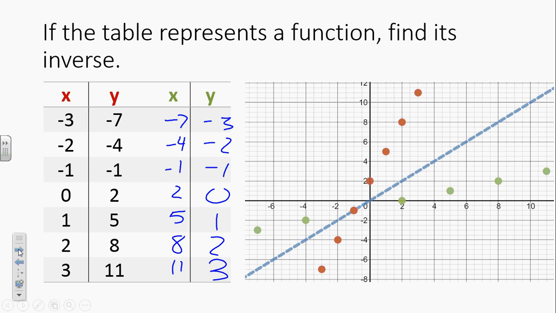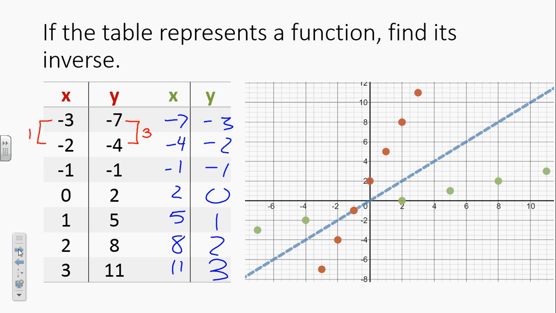How much are we rising and how much are we running on the red dots? What's our change in y? -7 minus a -4 is how much? Okay, so our rise is 3, our run is 1.